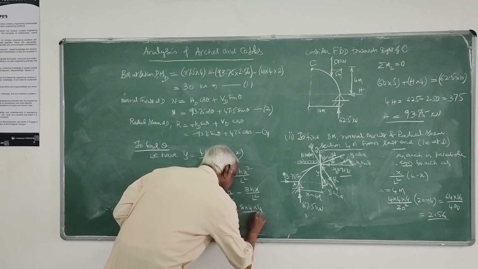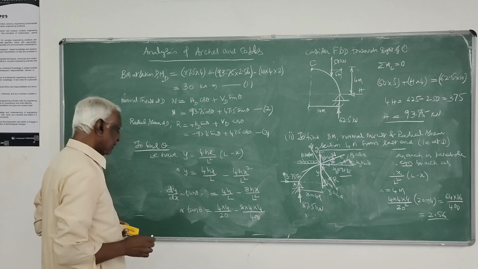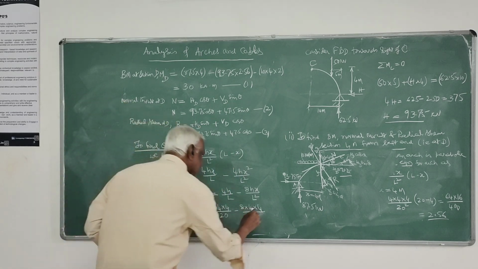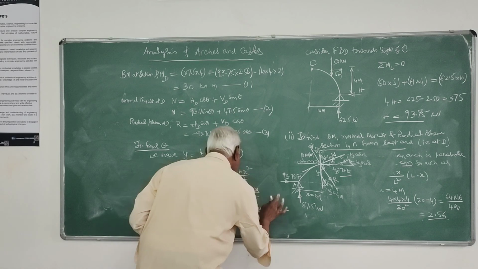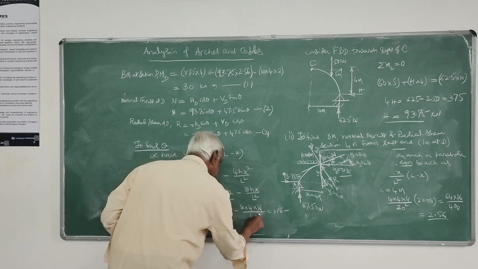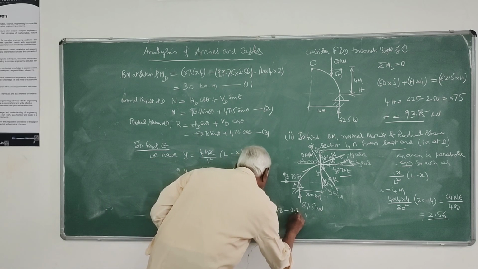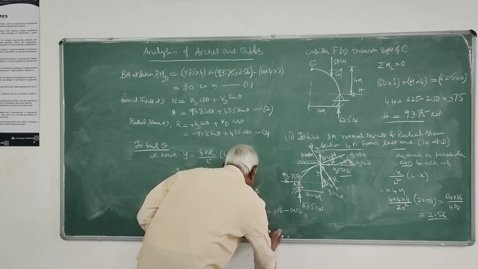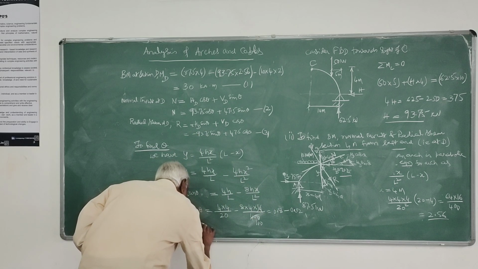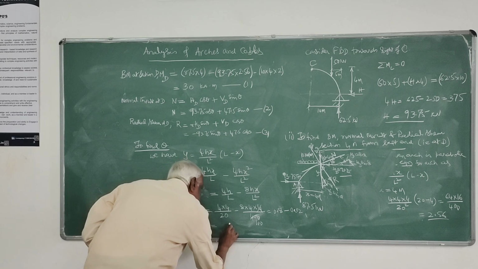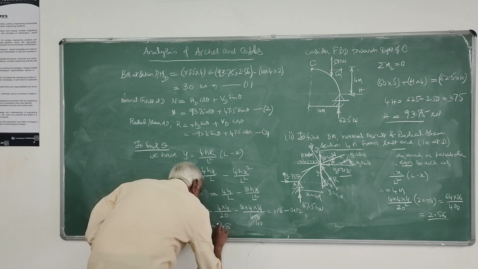So we can simplify this: it is 0.8 minus 0.32, so tan theta equals 0.48.